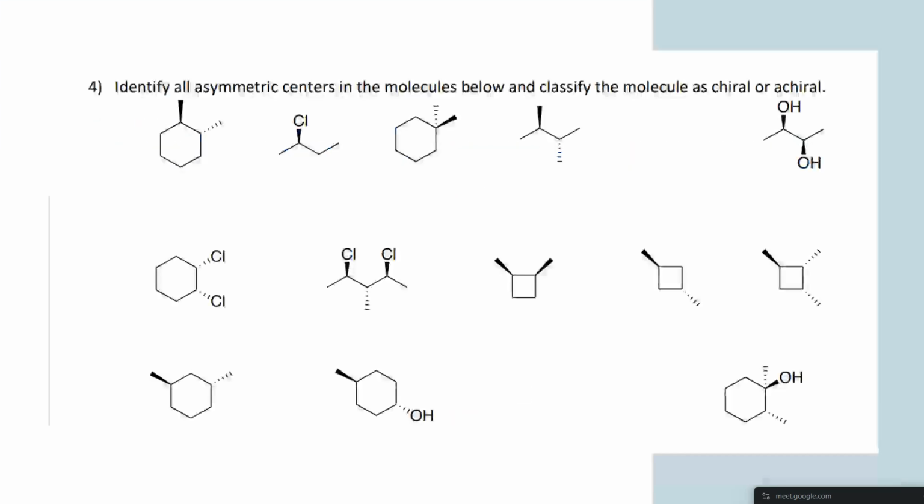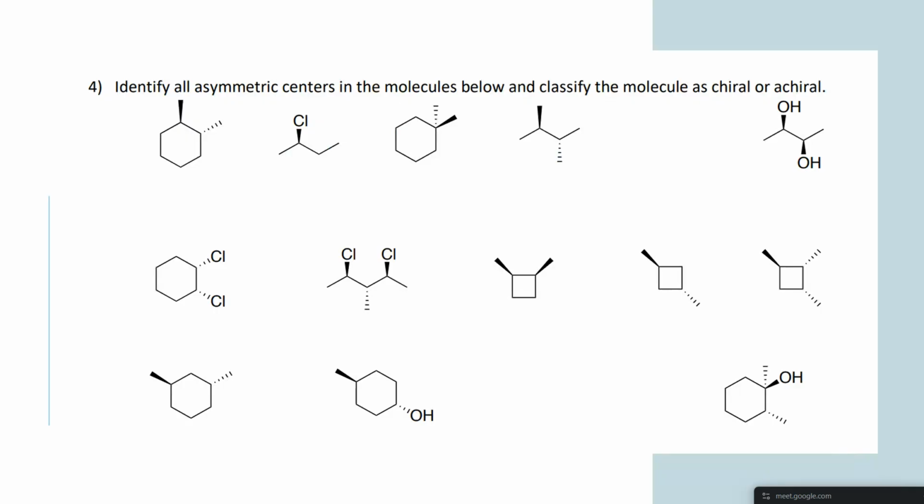Identify all asymmetric centers in the molecules below and classify the molecule as chiral or achiral. So here we are given a library of molecules. You have to do two things. First, you have to identify all the asymmetric centers present in the molecule, and also you have to classify the molecules as chiral or achiral.